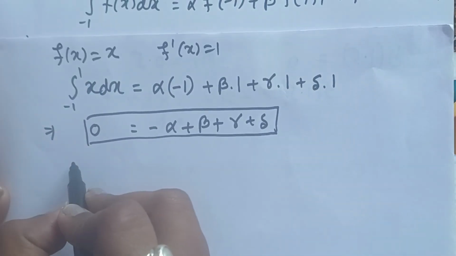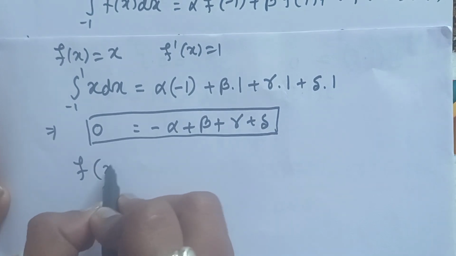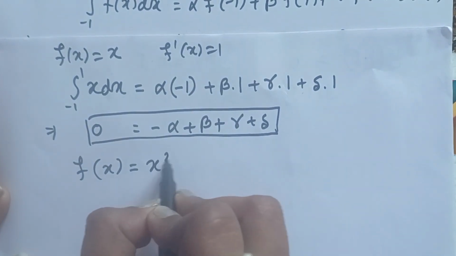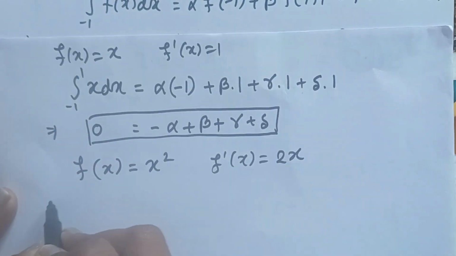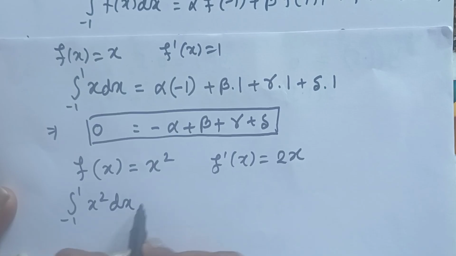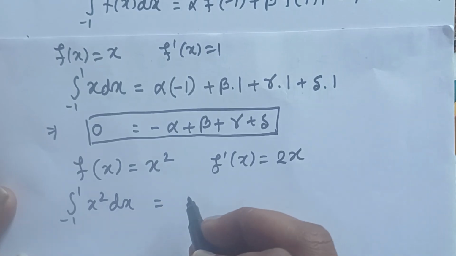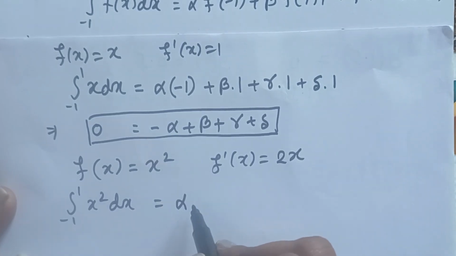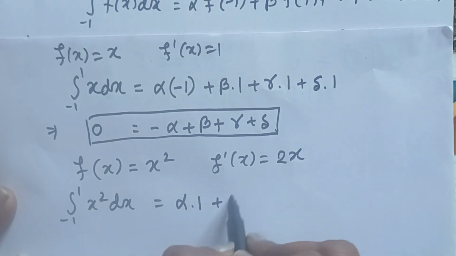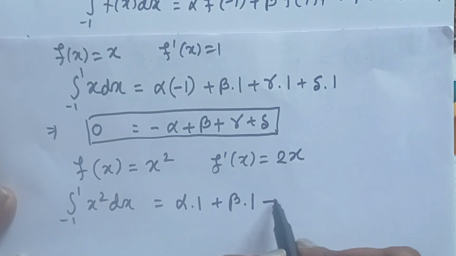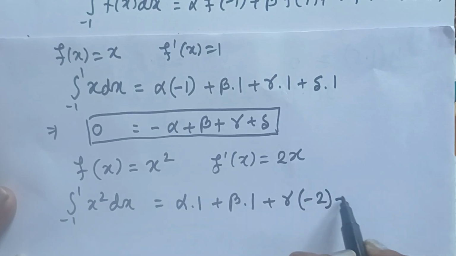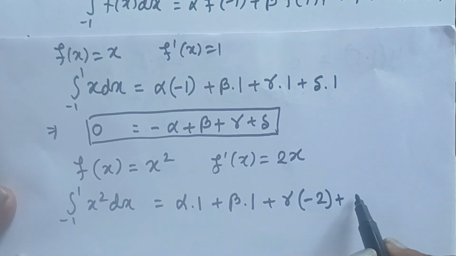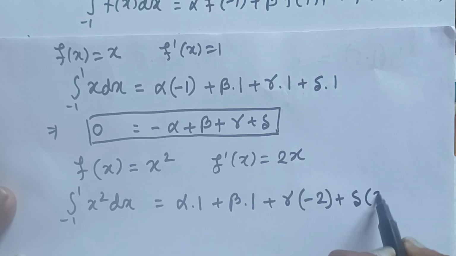Similarly, we will now solve the quadrature formula for f(x) equal to x square, and in this case f'(x) equals 2x. Again using that formula, the LHS is -1 to 1 x square dx, equal to alpha into 1 because x square, plus beta into 1 plus gamma into -2 plus delta into 2.